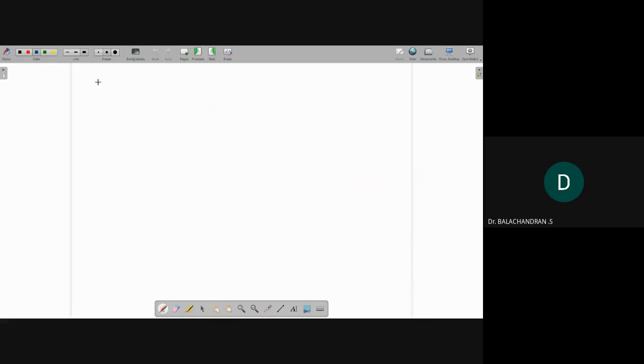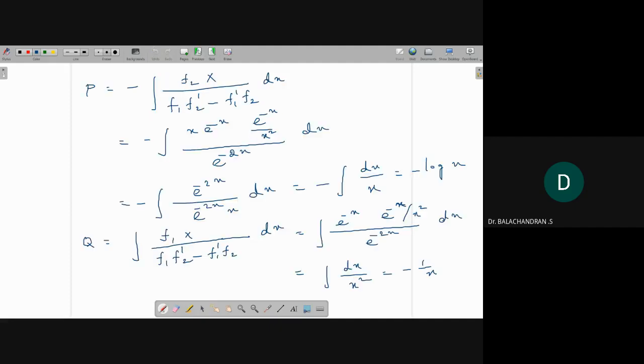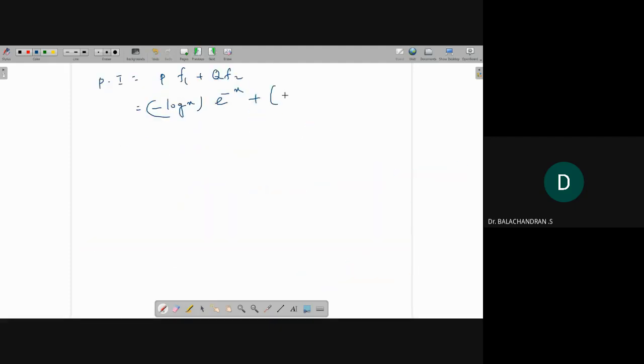So the particular integral equal to p into f1 plus q into f2. Okay. What is p? P is minus log x. F1 is e power minus x, plus q is minus 1 by x, f2 is x into e power minus x.